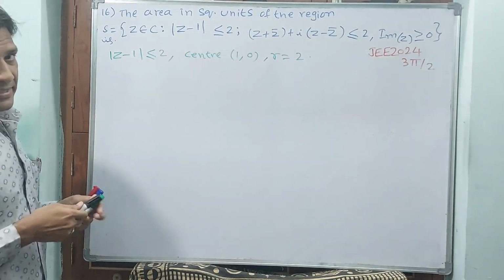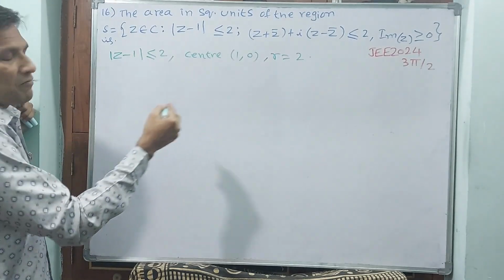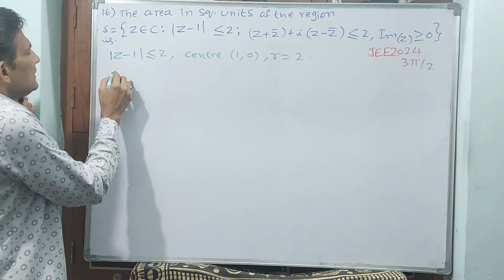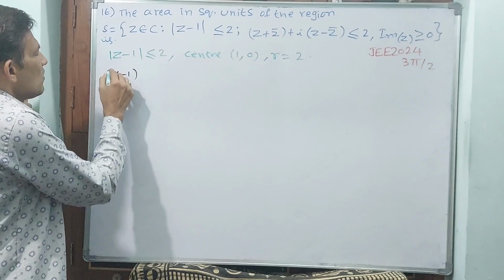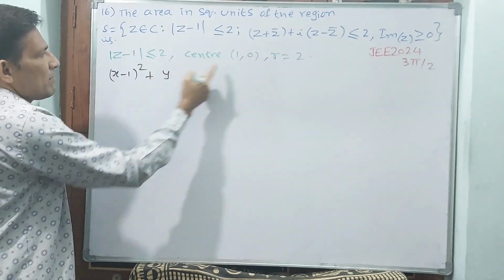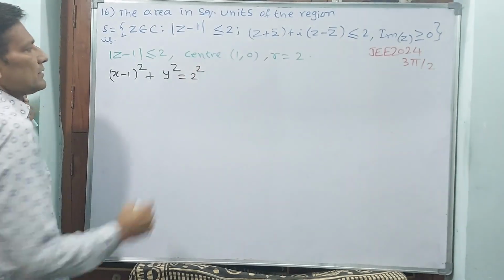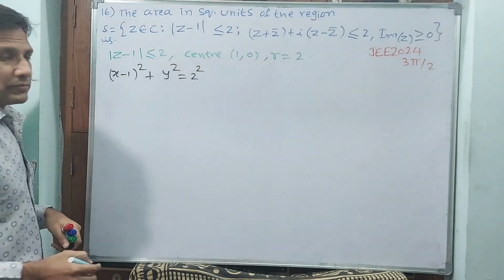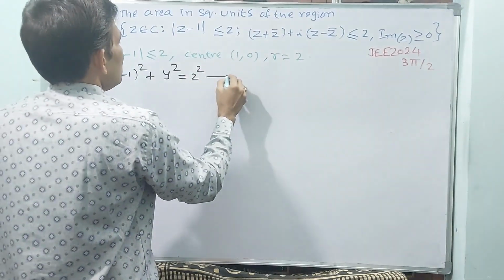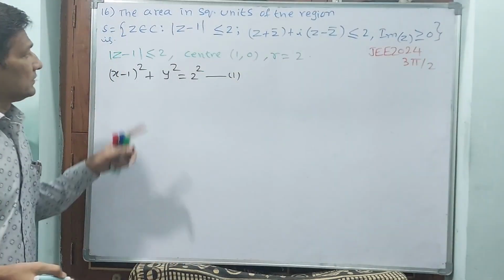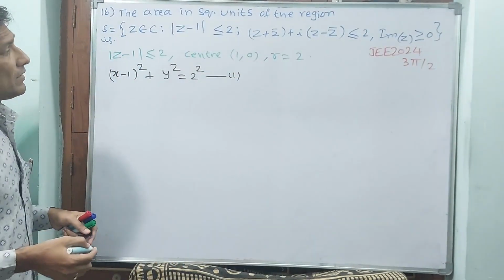Now how can we write this equation? First let me write the equation, then we will go for drawing. (x minus 1) whole square plus (y minus 0) whole square is equal to 2 square. This is equation number 1, the circle equation.